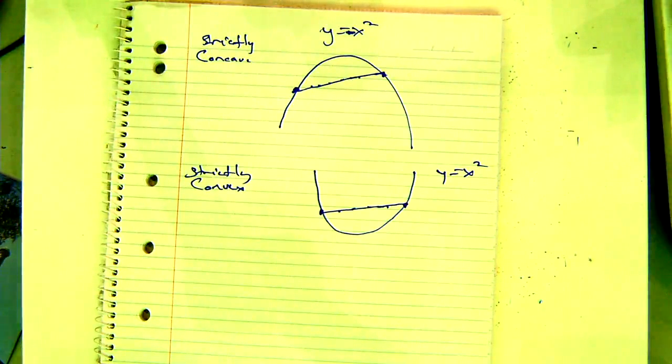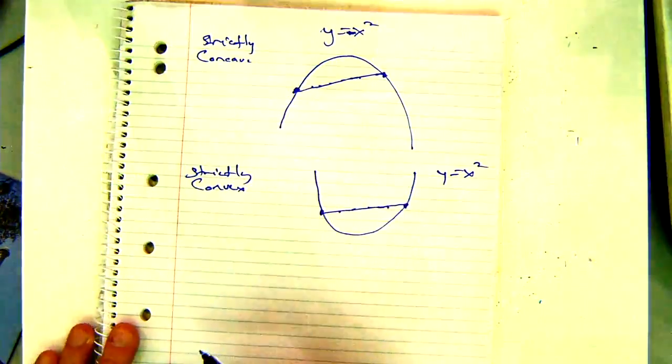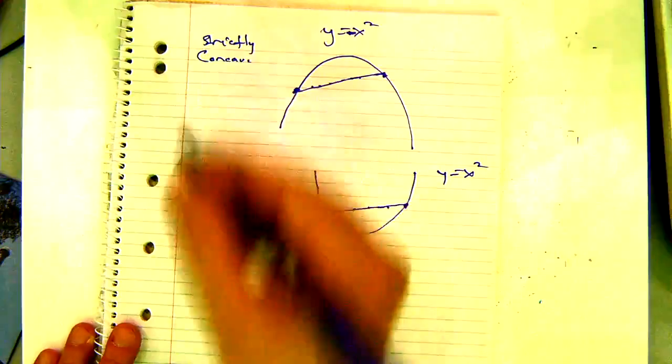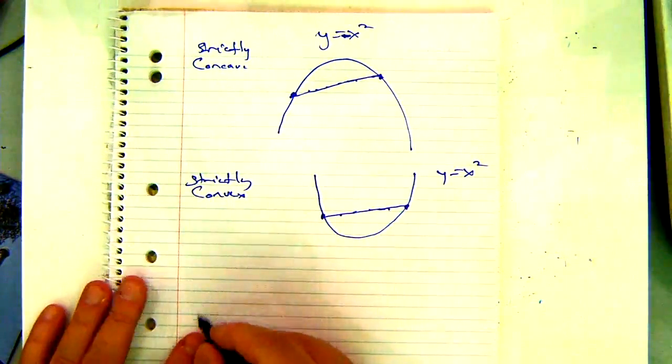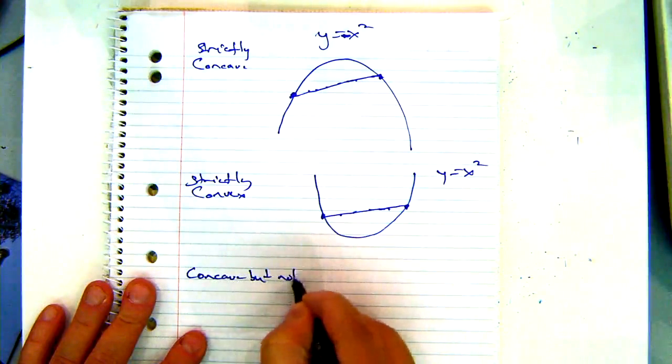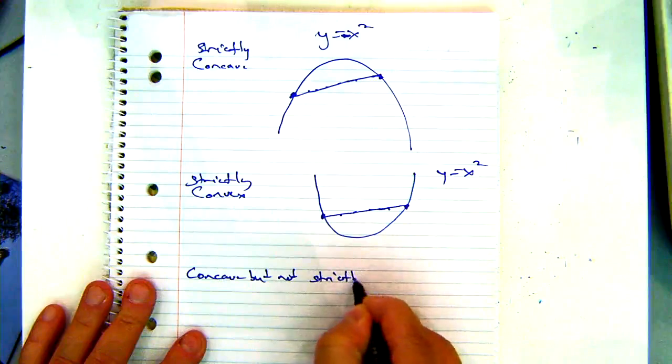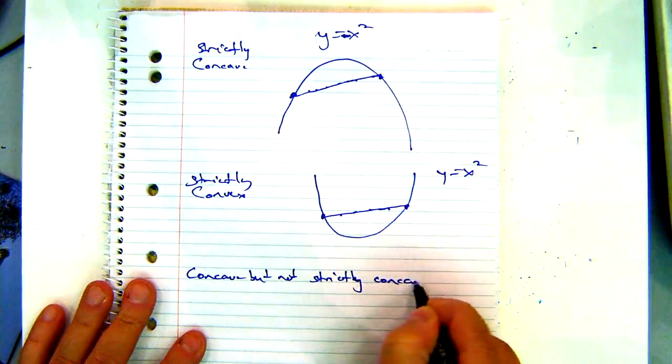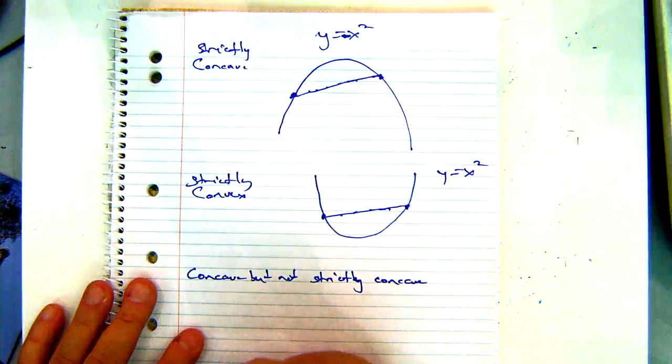And then we also have a distinction between strictly convex and convex, and strictly concave and concave. The only difference is, if you have a concave, but not strictly concave, function, something like the following.